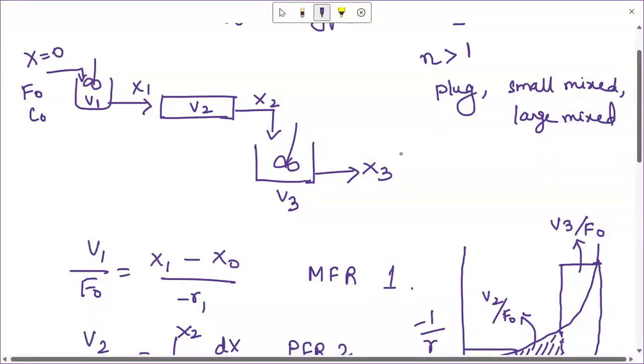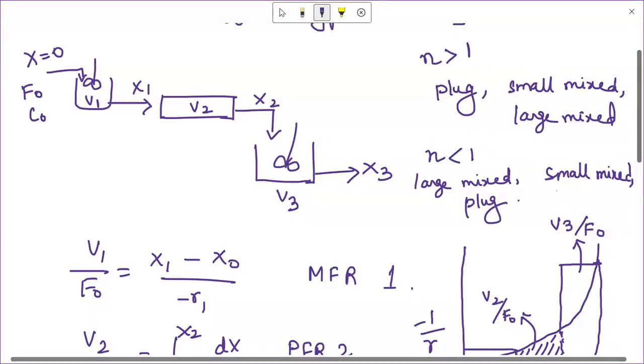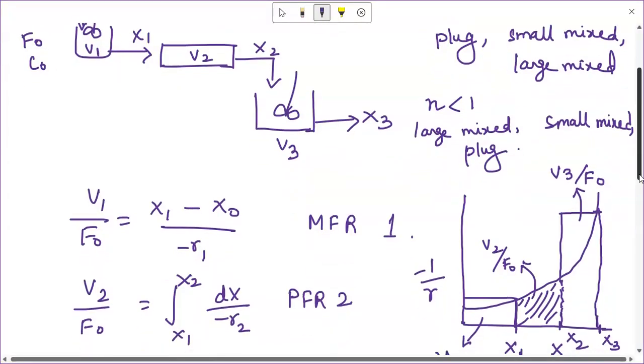This would be the order. But in case we had n less than 1, that is a convex case, then we would order it as large mixed, then small mixed, and then plug. This is how you would order the reactors in the system.